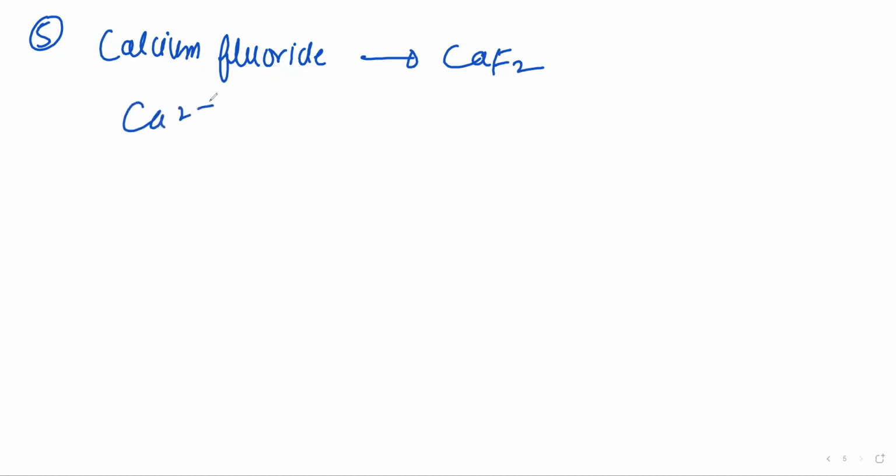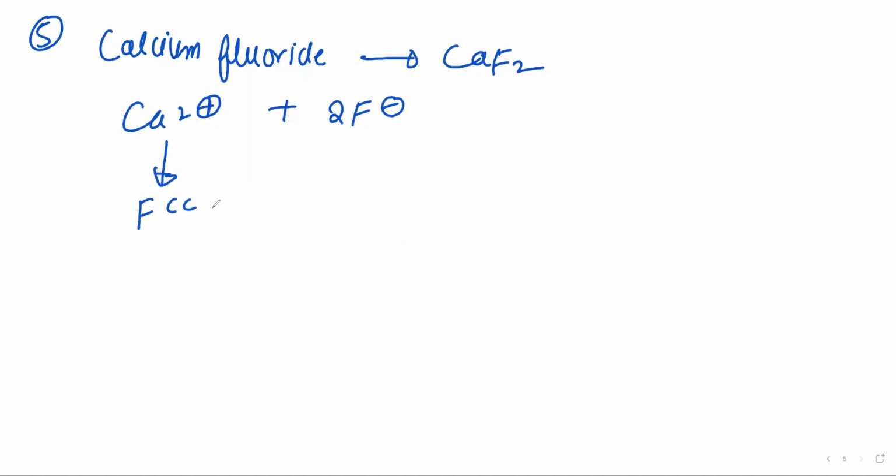Calcium is Ca2 plus and fluoride is 2F minus. So you have to find the coordination number in the structure. In the fluorite structure, Ca2 plus ions are in the FCC, face centered cubic unit cell, right?